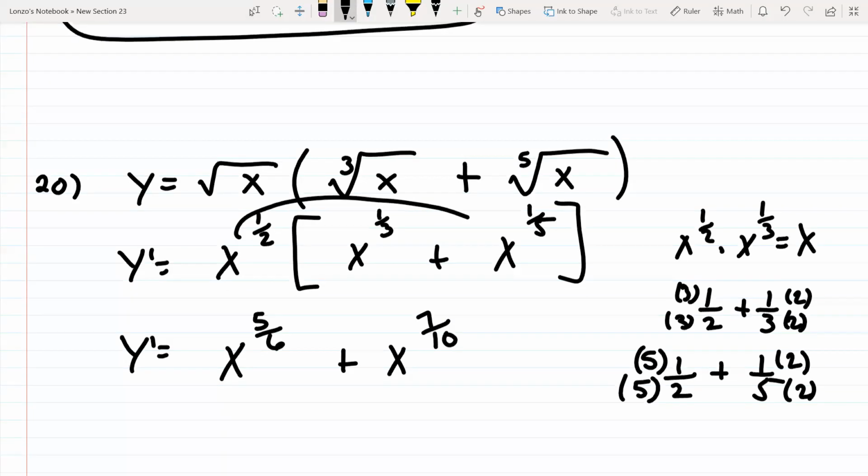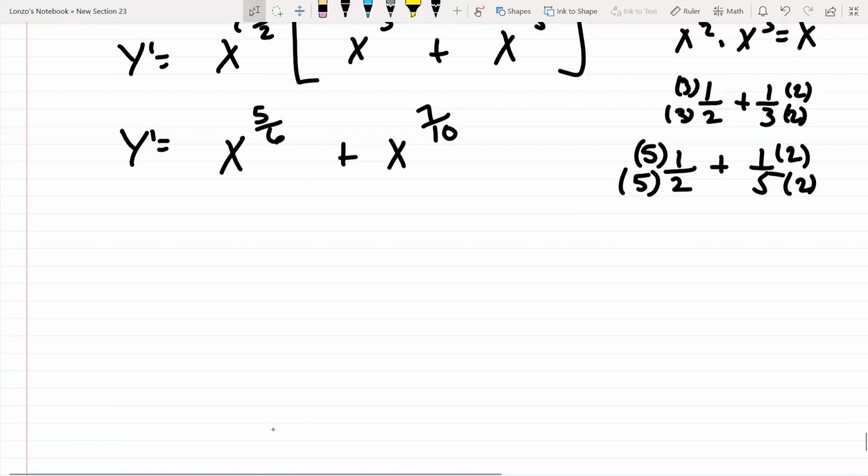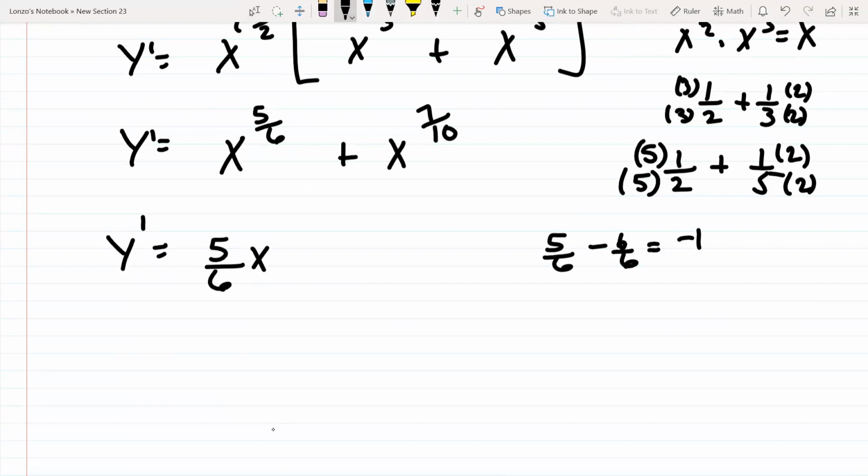Okay. And then just use simple power rule. So this is going to be y prime equals 5/6 x, and then 5/6 minus 1, or 6/6, that's negative 1/6. Plus, the derivative of this is going to be 7/10 x, and then 7/10 minus 1, or 10/10, that's negative 3/10.